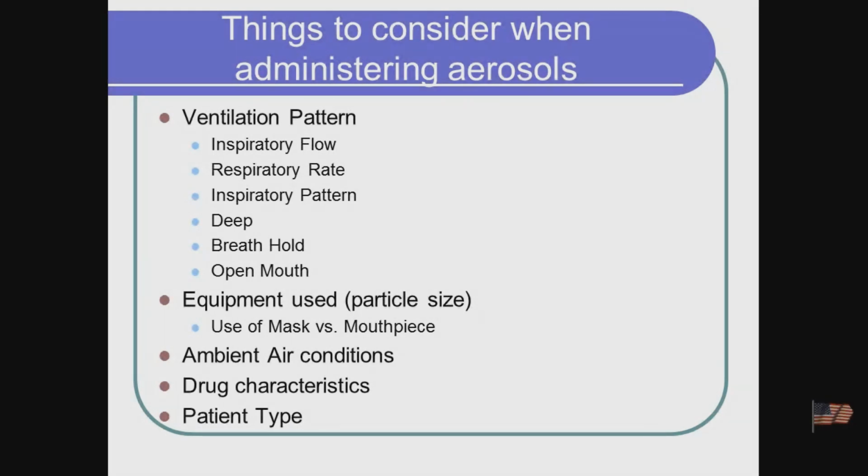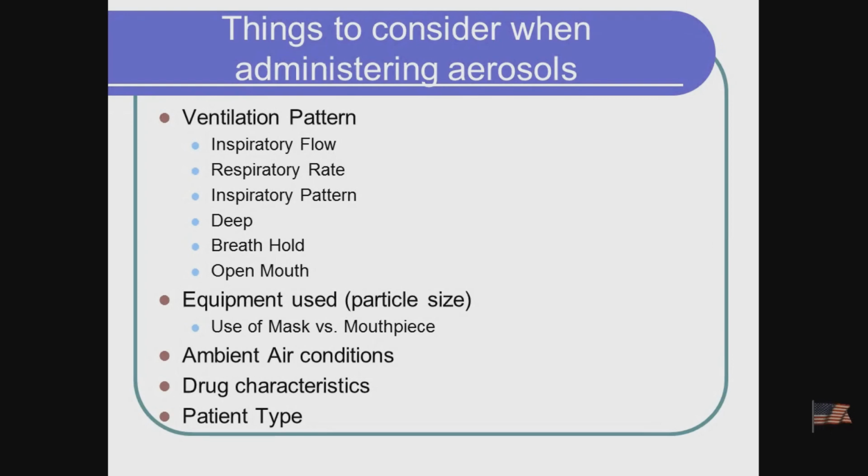How the patient breathes is very, very important for the delivery of medication. Their respiratory rate, their flow pattern, their ability to take a deep breath, their ability to hold their breath. Because remember, as you take a deep breath in of an aerosol and you hold it, you allow gravity to affect sedimentation and to fall out, because I'm just holding that gas inside of my lungs.